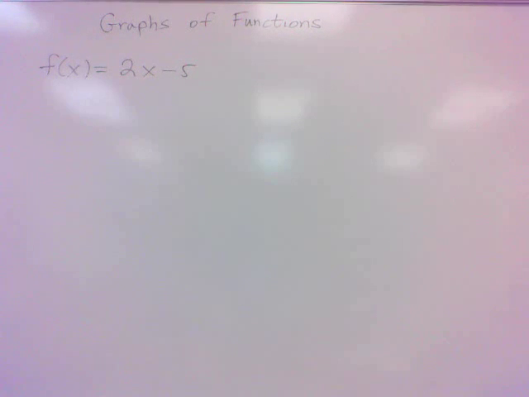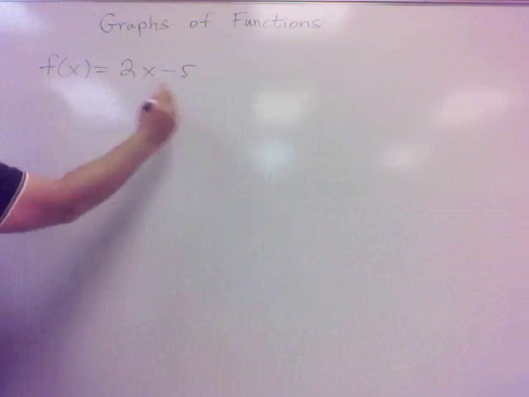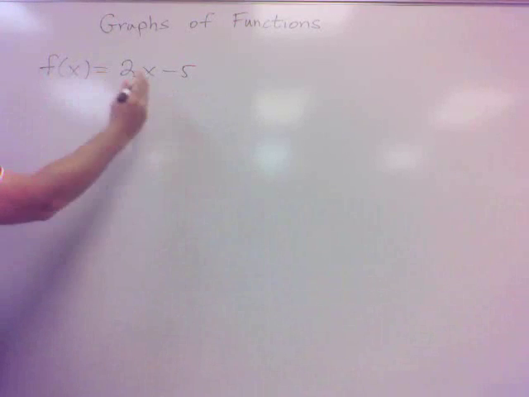Now, this one in particular, though, is very similar to one equation that we've talked about before, isn't it? Isn't this like y equals mx plus b? Yes, very much like y equals mx plus b. However, now it's in the f of x form.